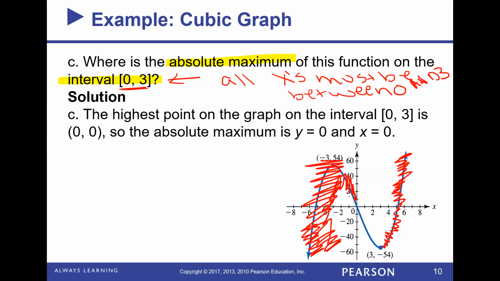But if you can just imagine it doesn't exist, whether that's covering it up with your hand or anything like that, and then just look between 0 and 3, what is the highest point there? Well, our highest point would be right there, which would be our 0, 0. And that would be considered an absolute maximum. I know we're used to seeing that this hill up here is a maximum, but that's not the case when we're looking at this.